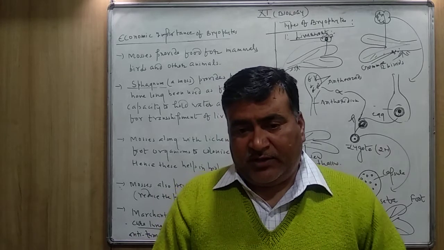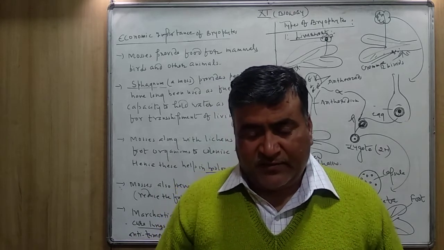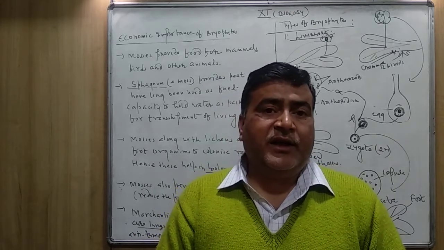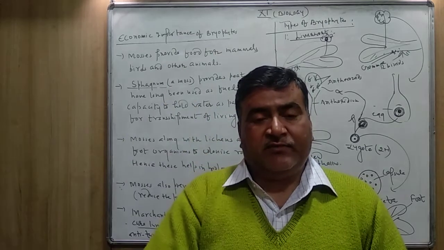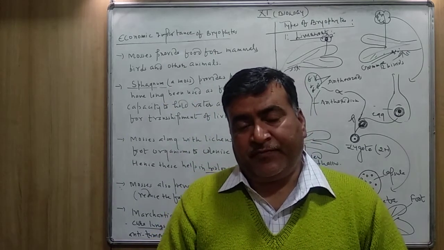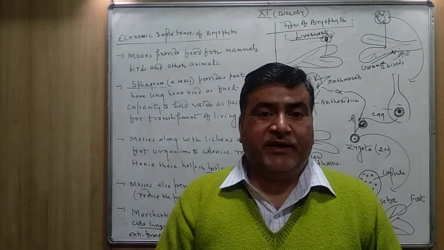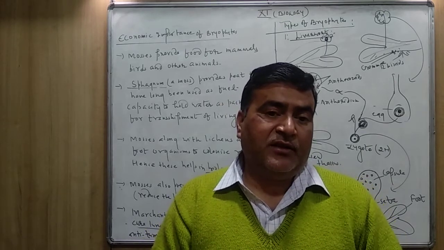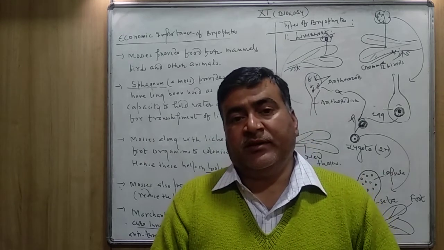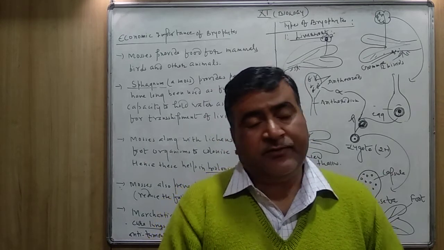The mosses lie over the surface of the soil and prevent the direct falling of raindrops onto the soil, and therefore it prevents the loss of soil, that is, it prevents soil erosion.